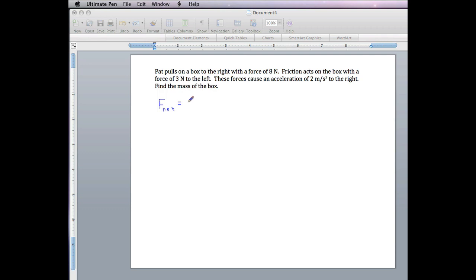So we have the net force is Pat's force plus a negative friction force, or minus the friction force.